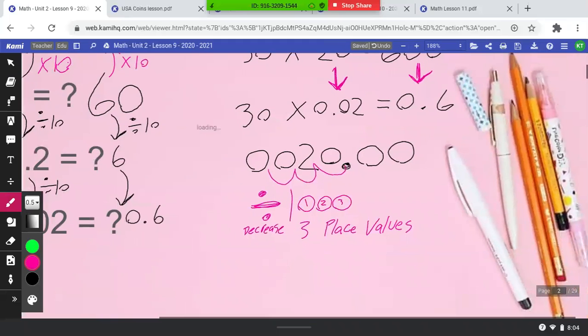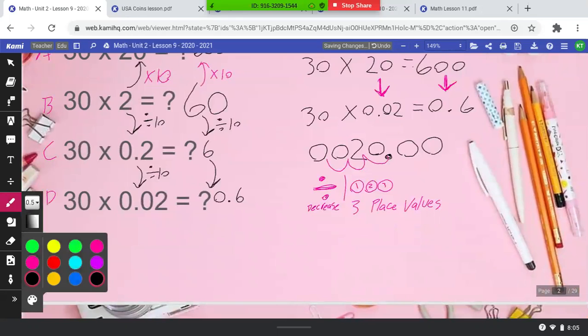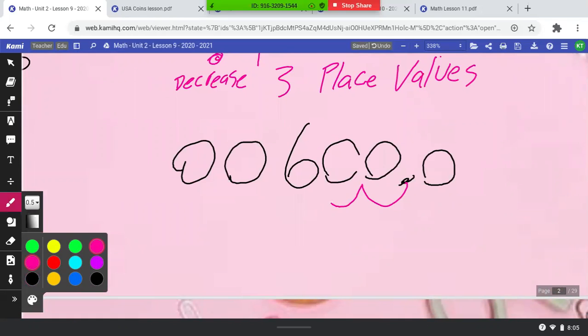Okay, well, let's do the same with 600 and get it to 6/10. So to get it to 6/10, I need to move my decimal point 1, 2, 3. There it is. Divided by 1,000.